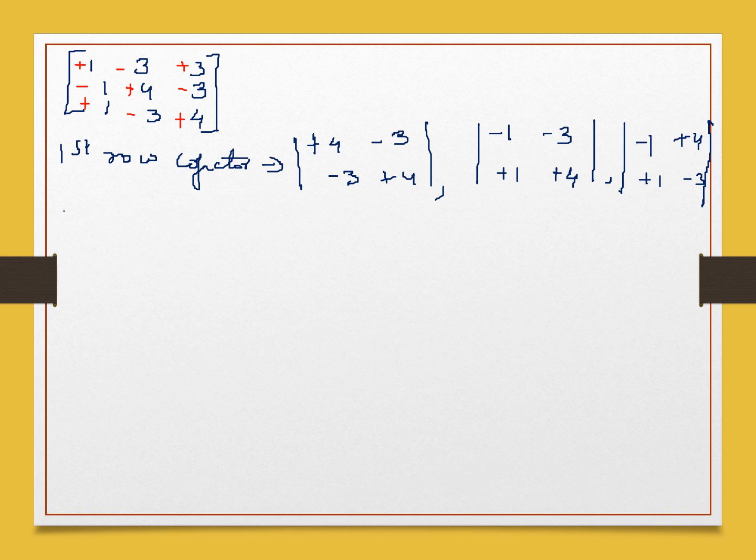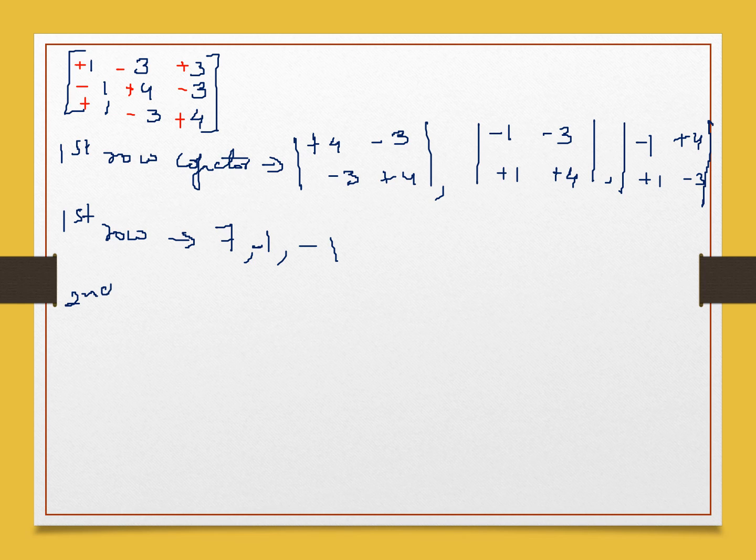So the first row cofactors will be 16 minus 9, that is 7; then minus 4 plus 3, that is minus 1; and 3 minus 4, minus 1.